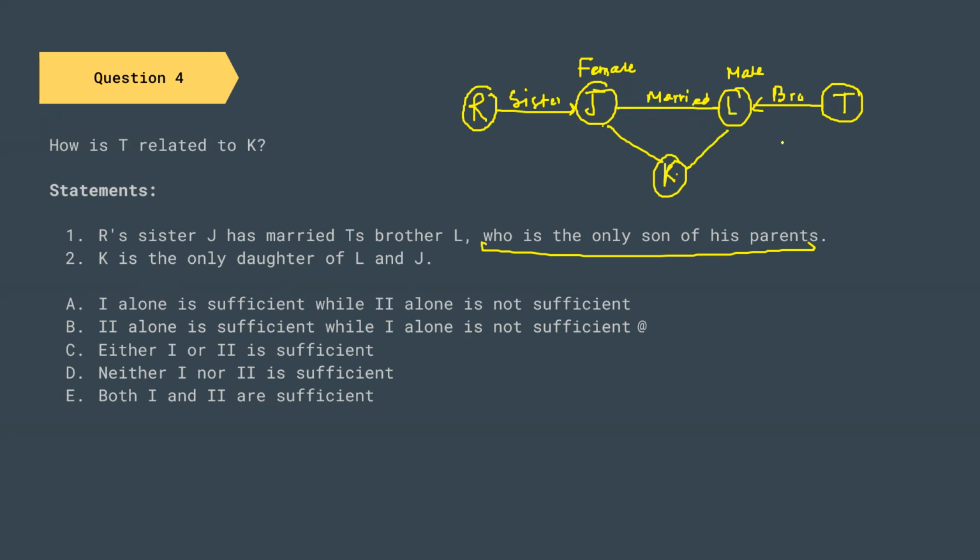Here, the only son of his parents is married to T's brother L. So L is the only son of his parents. So the gender of T is female, and the gender of R is not identified or not clear from the question, and the gender of K is female because K is the daughter of J and L.